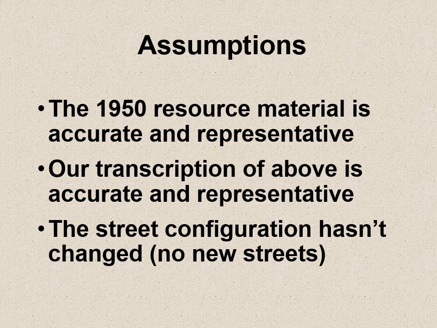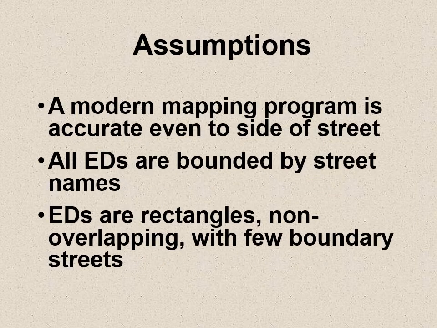This is a search where we start with an address, and we're not looking at the map, although we could use it even to confirm what the one-step website comes up with. Since we're using a modern mapping program, it should be accurate even to the side of the street for an address.